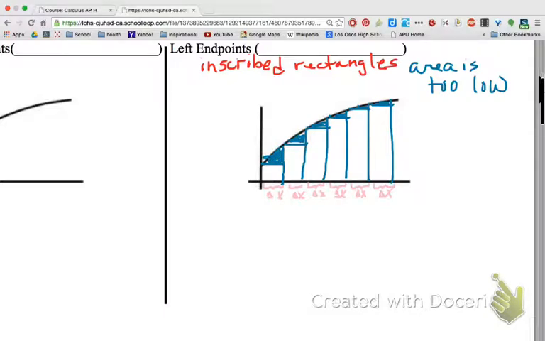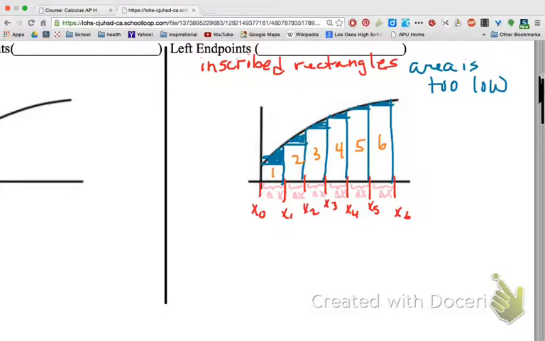And additionally, when I label these, I'm going to call this x sub 0, x sub 1, x sub 2, and 3, and 4, and 5, and 6. And if you note, if I number these, I have 1, 2, 3, 4, 5, 6 rectangles still.